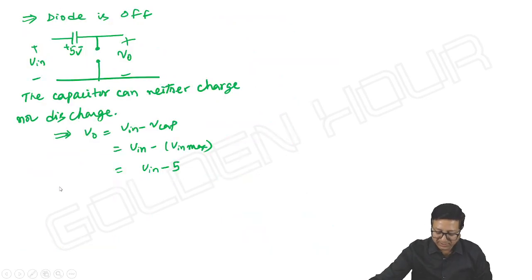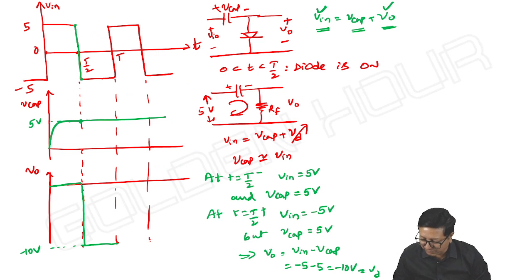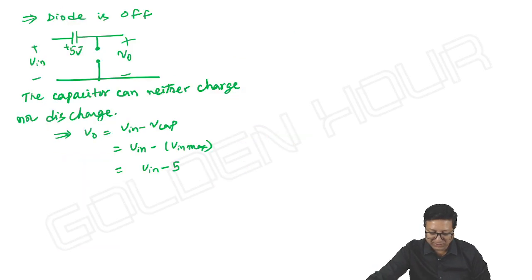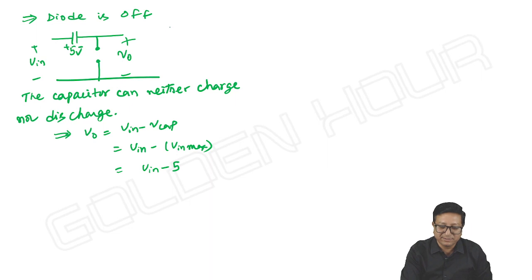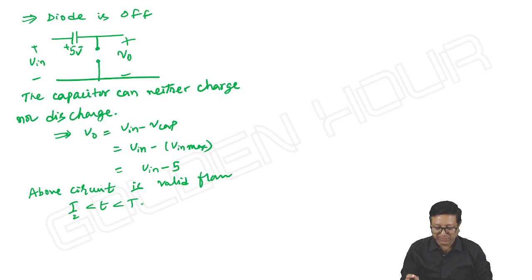Okay. Or we can even take like this, T by 2 plus. So above circuit follows. Above circuit is valid from T by 2 to T, T by 2 less than t less than T. Okay.